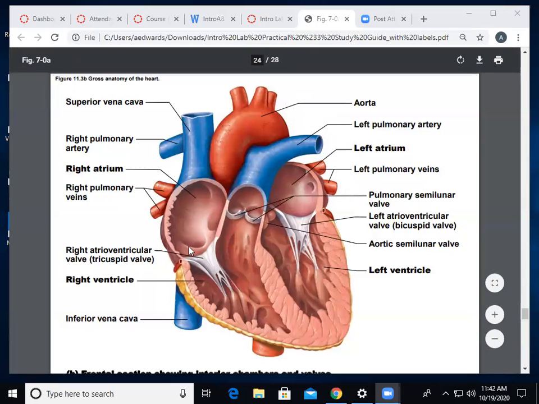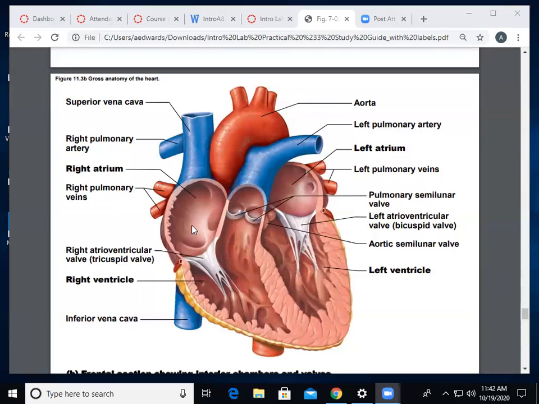Okay, it's going to come back to the heart via the superior vena cava and the inferior vena cava. Okay, it's going to flow into the right atrium. Remember, patient's perspective, right? This is the right side. Blood then will flow through the right atrioventricular valve, also known as the tricuspid valve or right AV valve, into the right ventricle.